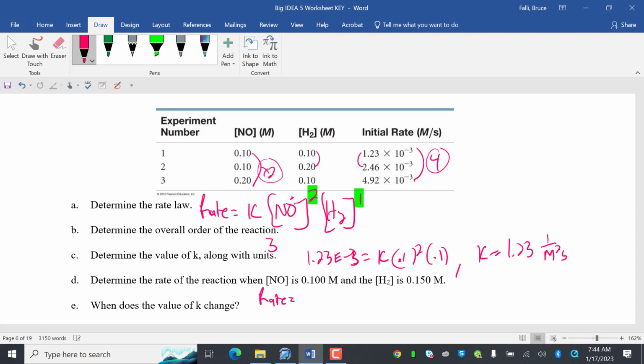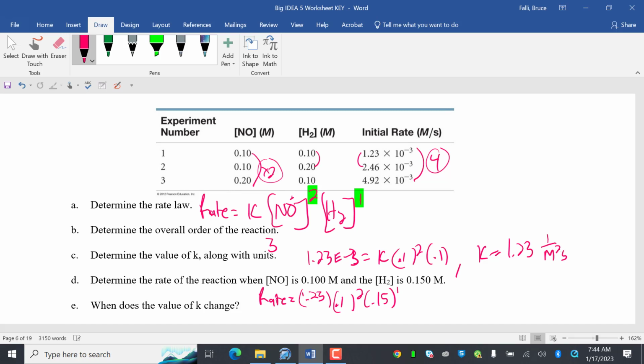Rate equals K, which is 1.23, times 0.1, oh no it's not, 0.1 squared, and then 0.15 to the first.